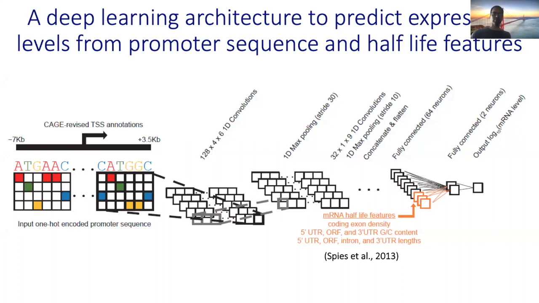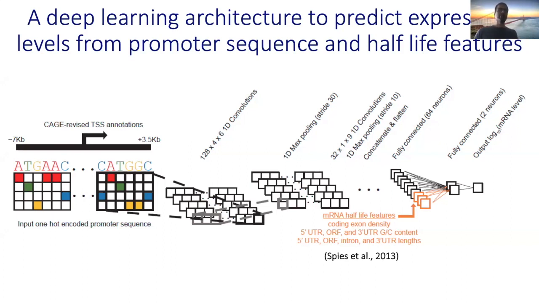Now you might wonder, what are these mRNA half-life features that I'm using in this problem? Basically, I used to work in a lab at MIT called the Bartel Lab. And one of their projects was to try to interrogate what sequence-encoded determinants govern mRNA half-life.